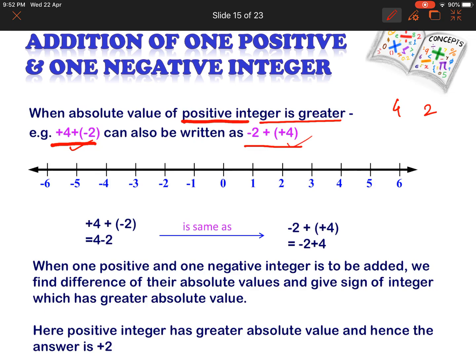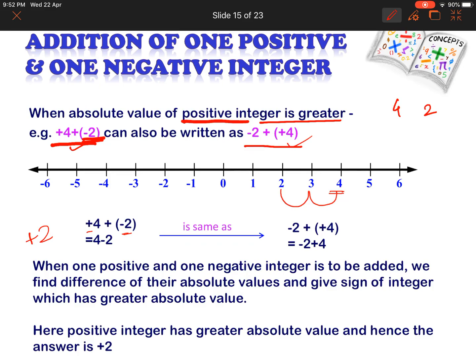I have already told you, when we add negative integer, we always move towards left on the number line. So in the first case, we will take plus 4 on number line and we will move 2 places to the left. 1, 2, which gives us plus 2 as answer.